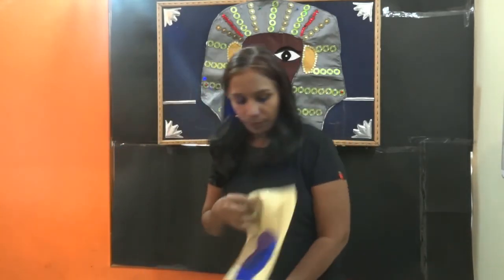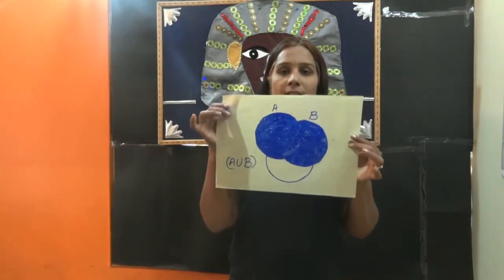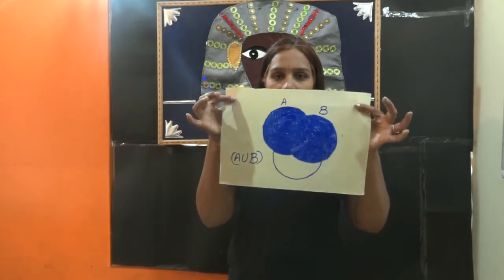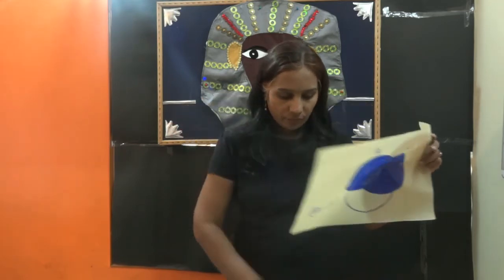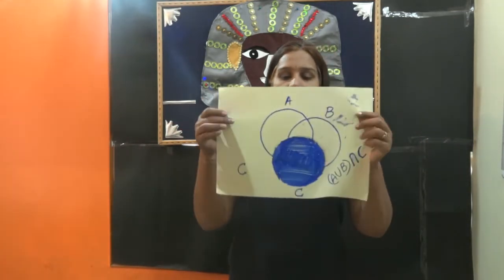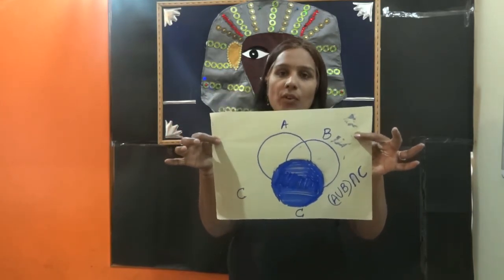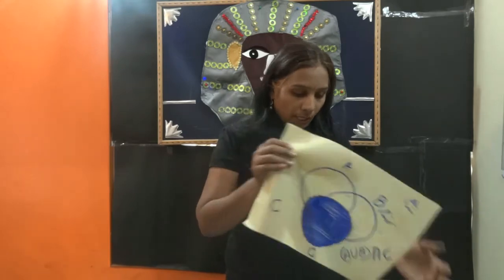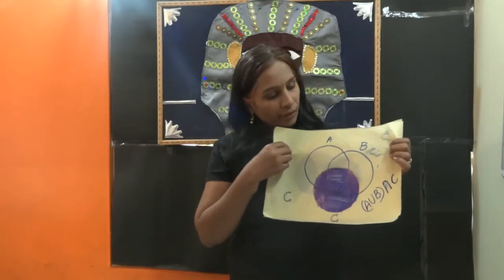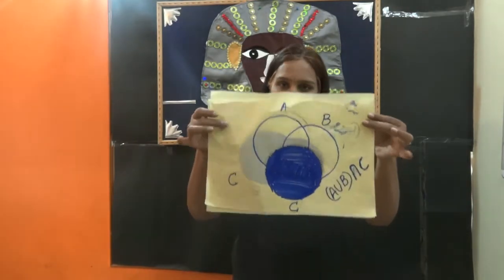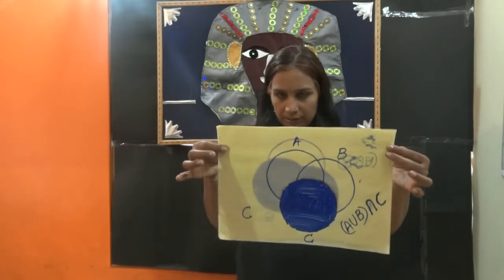Now I will show you how to perform three set operations. Here I have drawn A union B. This set shows A union B. Now in this sheet I have shaded only C. It means I have taken only C. To perform the operation of intersection between these two sets, I have to keep these two sheets one over the other.